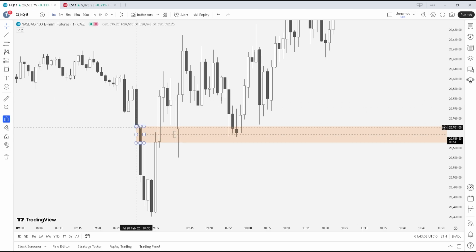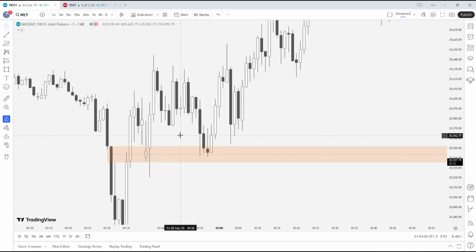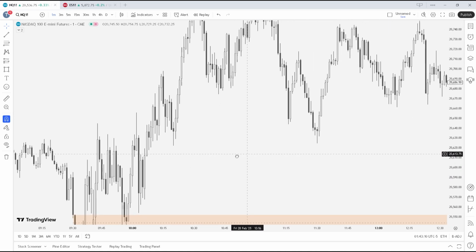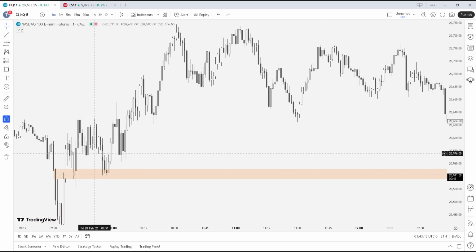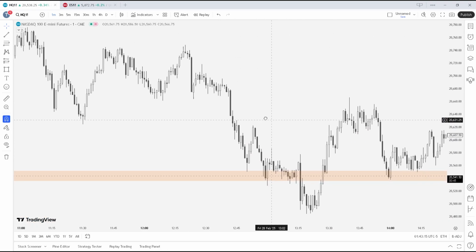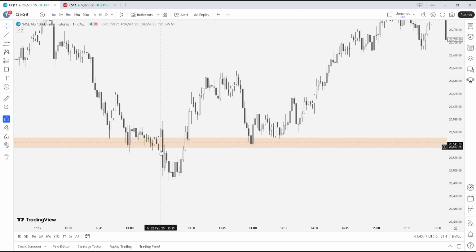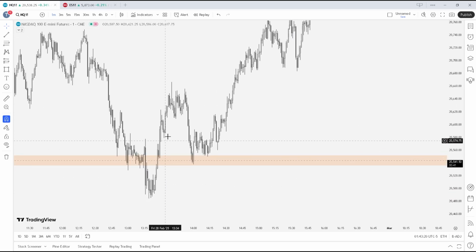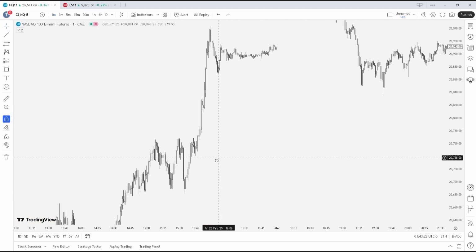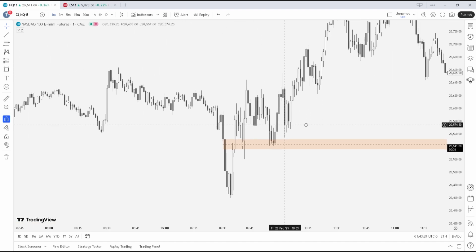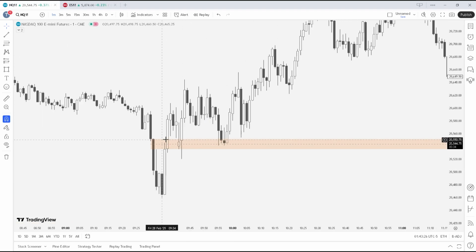We created it, inversed it, and then price just stays above the first presented gap until later on in the day, where we come below, but then we come back up once again and just keep going higher. So you can see how you can use these first presented gaps both as a regular fair value gap, as a draw on liquidity or an area where you want to see price reject, but also to form a narrative throughout the day.